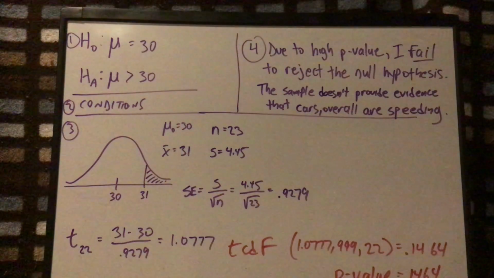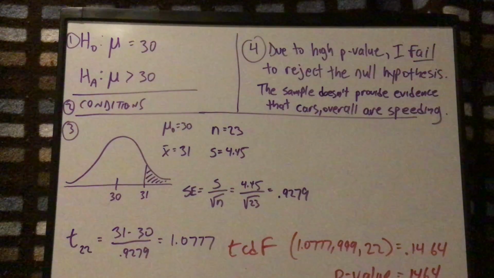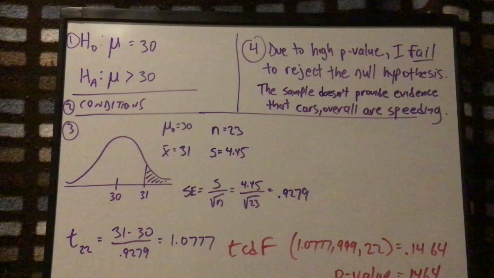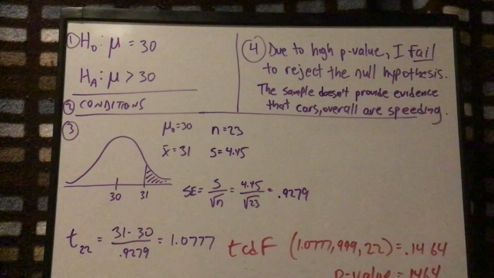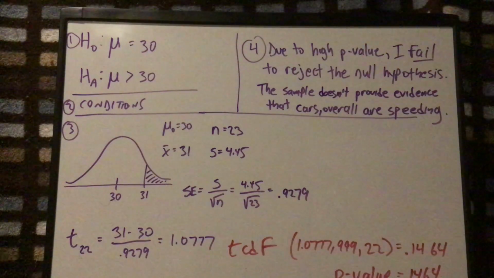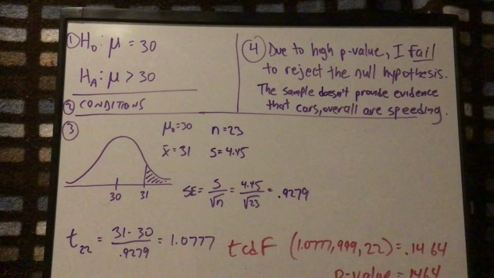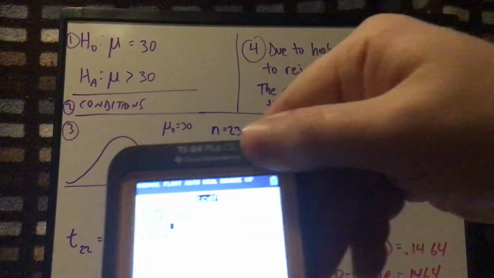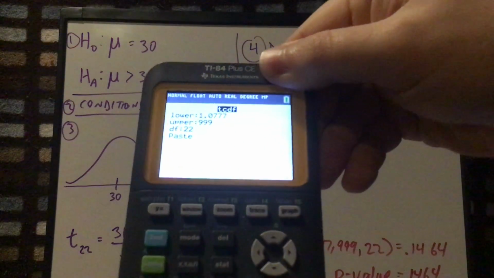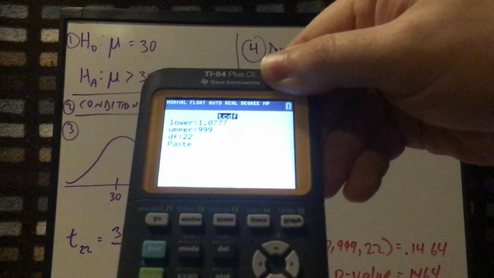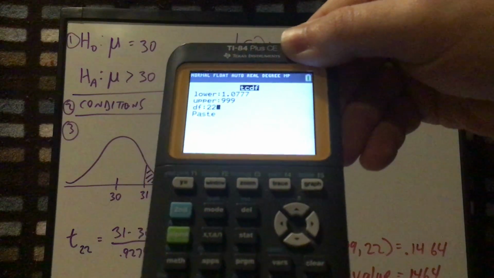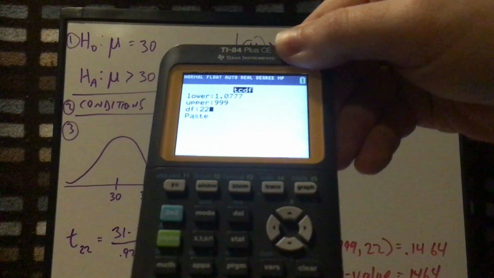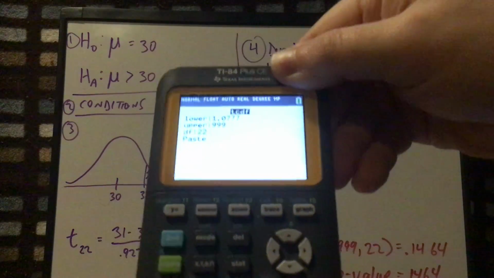If I go down to tcdf, they'll ask you to input the lower, the upper, and the degrees of freedom. So let me do that right now. All right, so the lower should be the 1.0777. I want to go up to infinity, so I put in 999. And then you need to tell it what t-curve to make. I'm making one of 22 degrees of freedom.